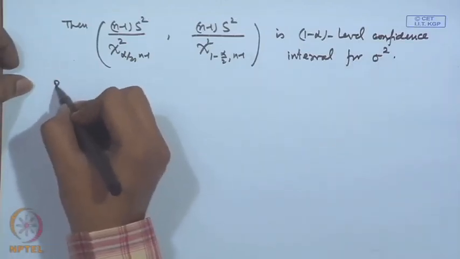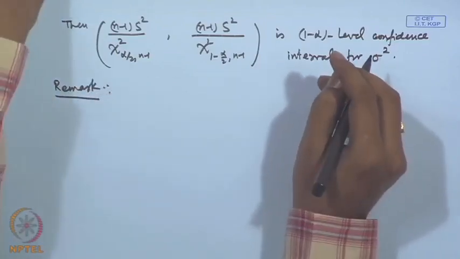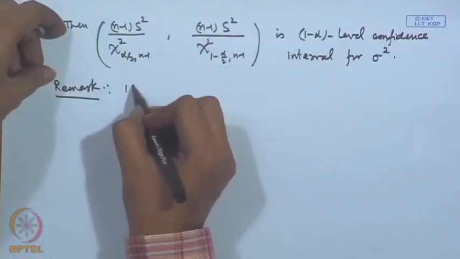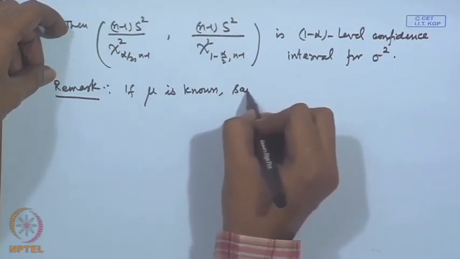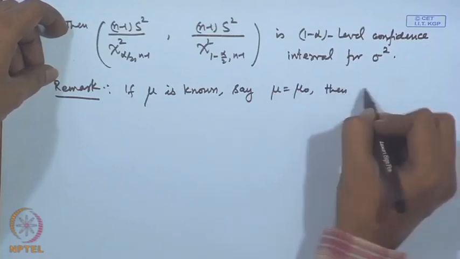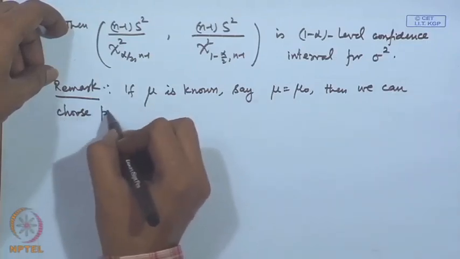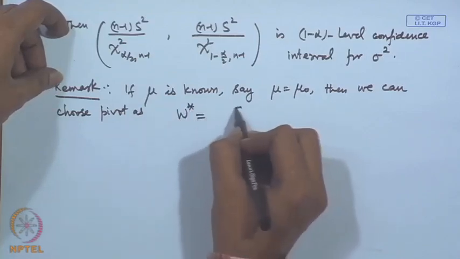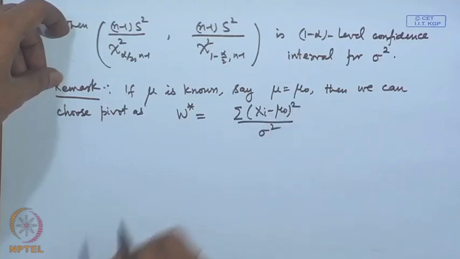Now, see, we have considered this pivot quantity when mu is unknown, but if mu is known, say mu is equal to mu naught, in that case we can choose the pivot as, let me call it W star, sigma (Xi minus mu naught) square by sigma square.